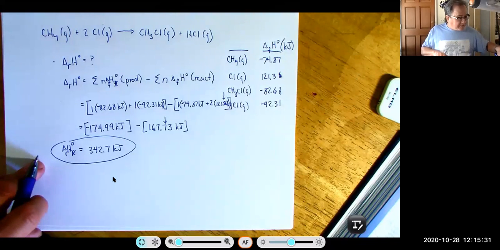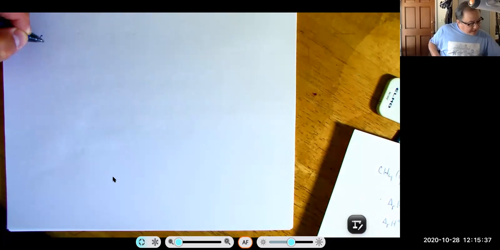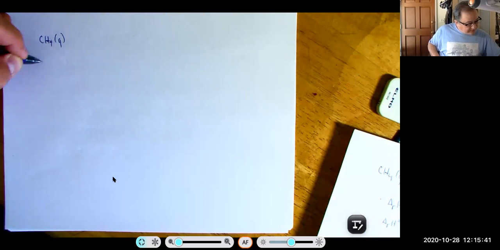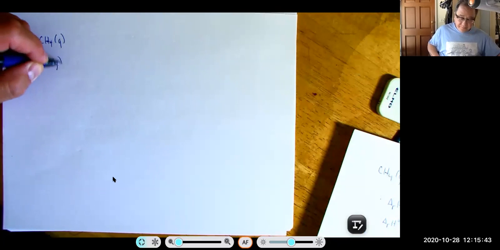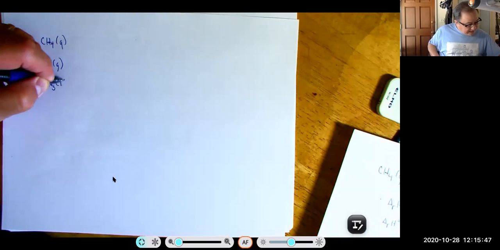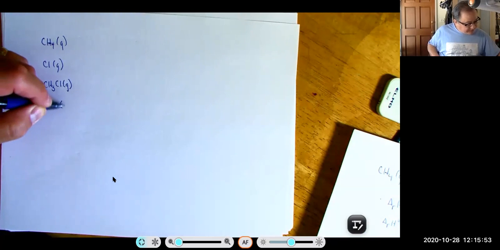So to draw an energy level diagram, we need to write out some enthalpy of formation reactions. So we have CH4 gas, Cl gas, CH3Cl gas, and HCl gas.